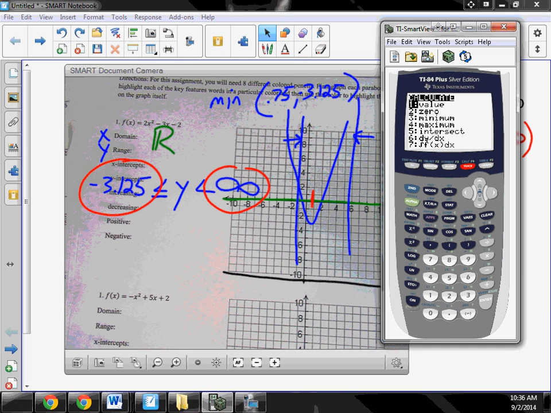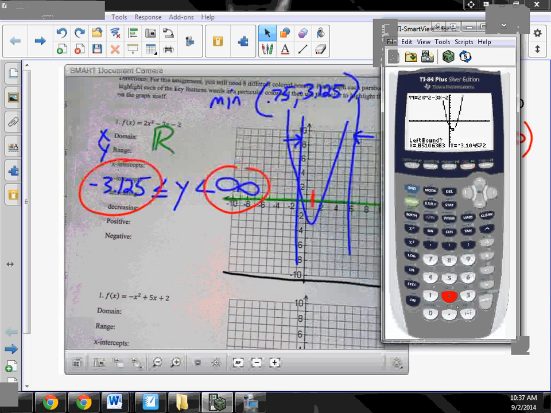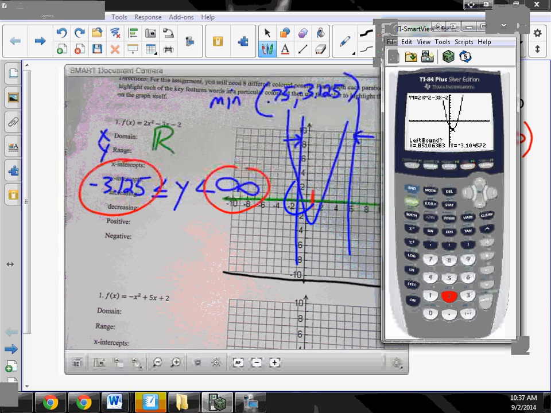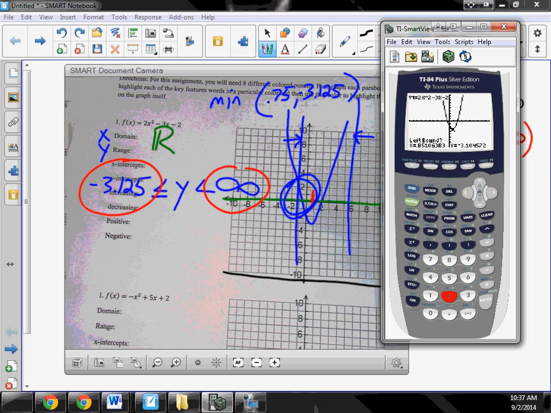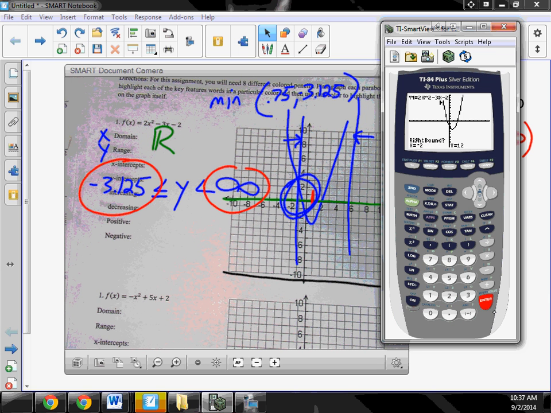Remember, x-intercepts are also called roots and zeros. So I'm going to push number 2. And if I want to find the one over here on the left, what is a number to the left of the answer? -2. What is a number to the right of the answer?